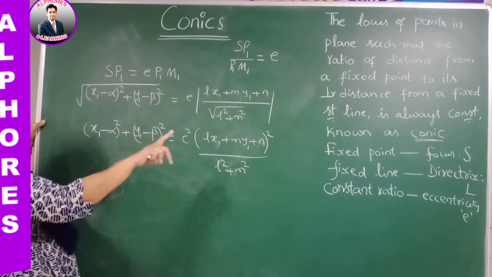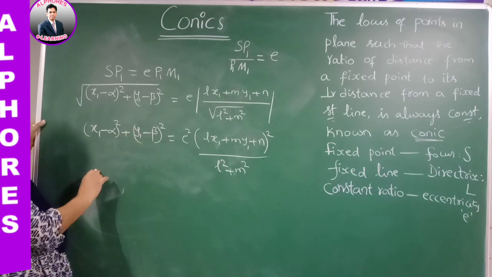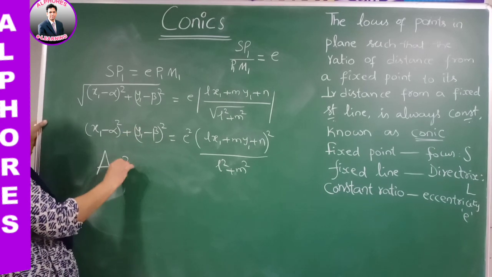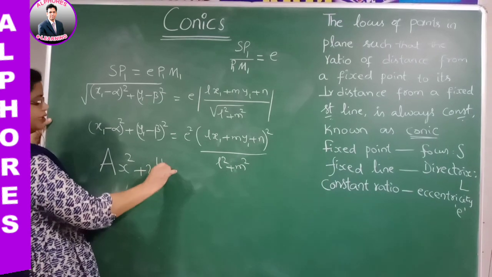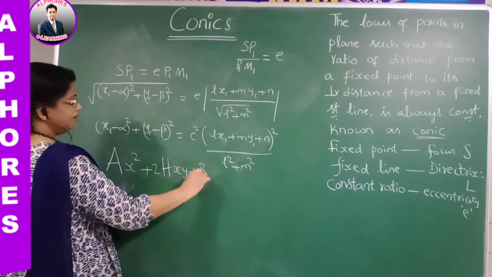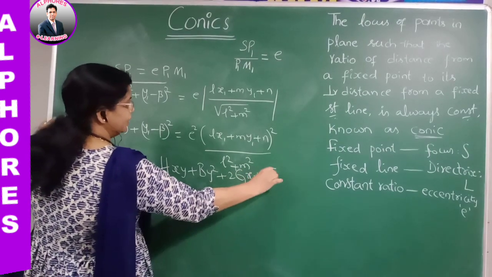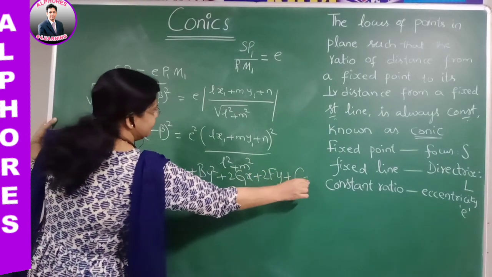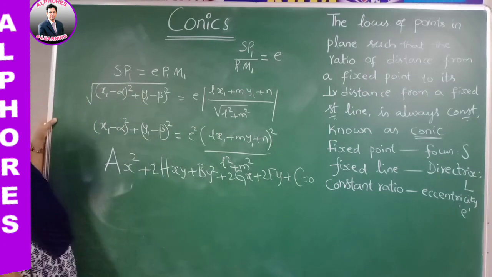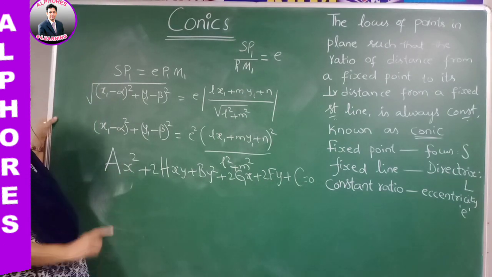As a whole, if you simplify the entire equation, it is of the form ax square plus 2hxy plus by square plus 2gx plus 2fy plus c equal to 0. So this is the standard form of the second degree equation which can represent a conic.